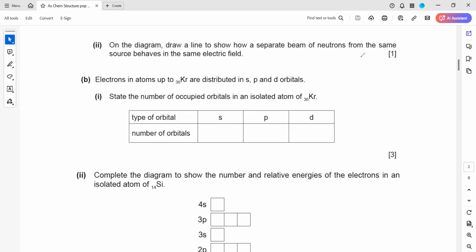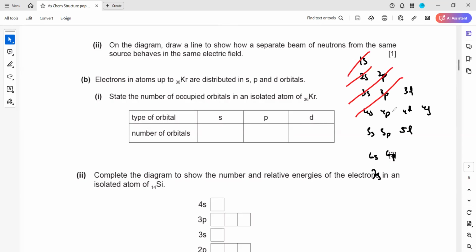So we know 1s, then 2s, 2p, then 3s, 3p, 3d, 4s, 4p, 4d, 4f, 5s, 5p, 5d, then 6s, 6p, and then 7s. So the first electron goes to 1s, then 2s, 2p, 3s, 3p, 4s, 3d, 4p, 5s, 4d, 5p, 6s, and so on.